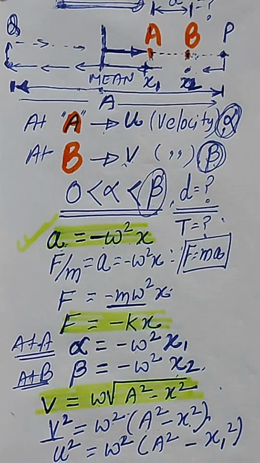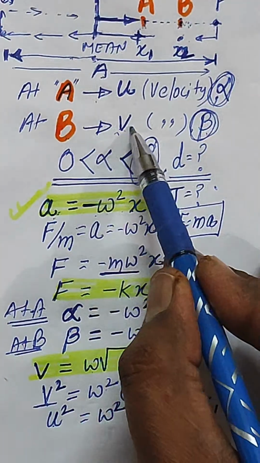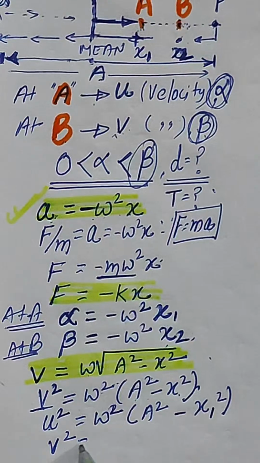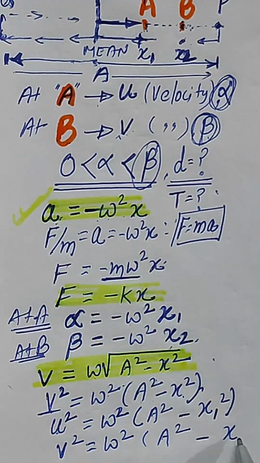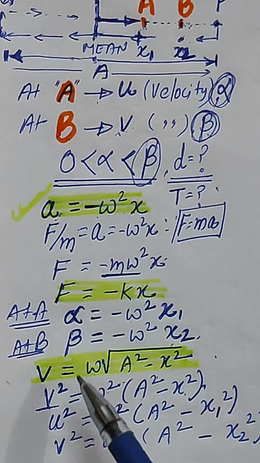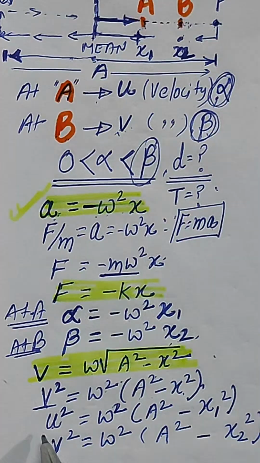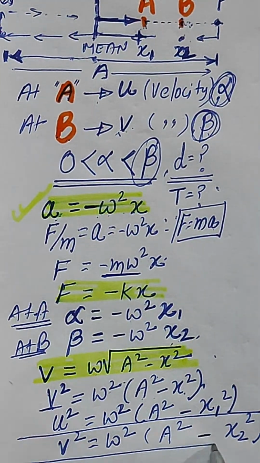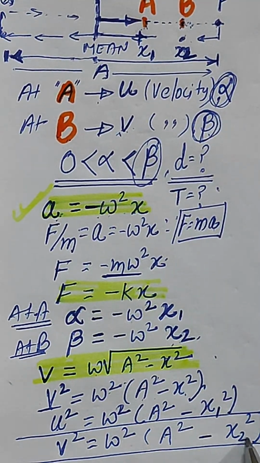Similarly, if you put the velocity at B, which is v, then v square is equal to omega square into a square minus x2 square, because the value of x at the two positions A and B is x1 and x2. So these are the two relations: u square equal to omega square into a square minus x1 square, and v square equal to omega square into a square minus x2 square.